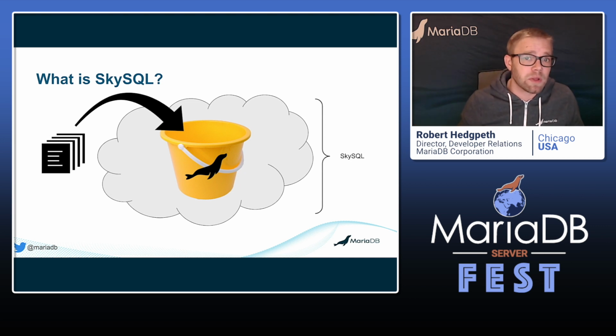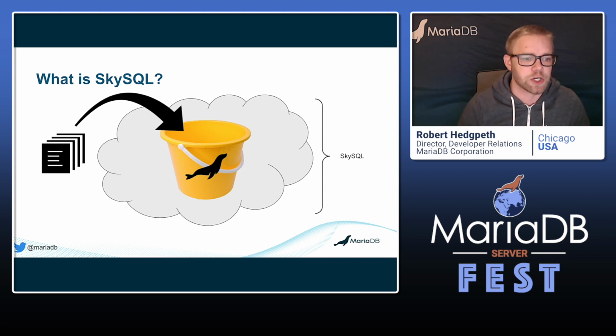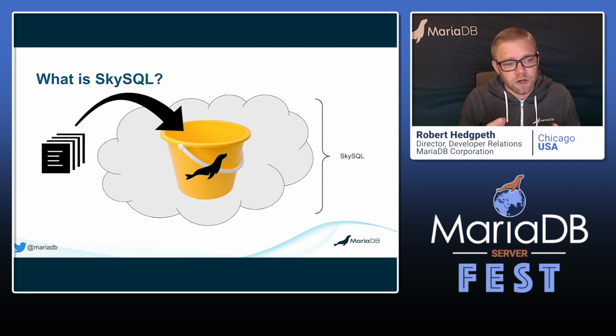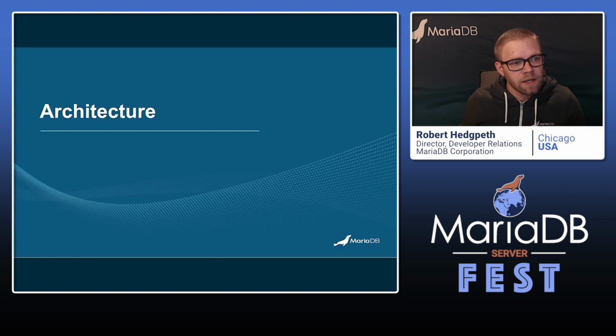But that's the difference, and we'll see a couple of ways, especially within the architecture, that SkySQL is differentiated from some of the other options out there. That really starts with the architecture.